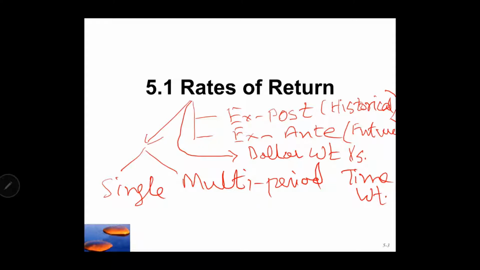So usually in the rates of return we'll be discussing these three contexts. If we have historical data, how you are going to compute the single or multi-period return, or the dollar weighted and the time weighted return.